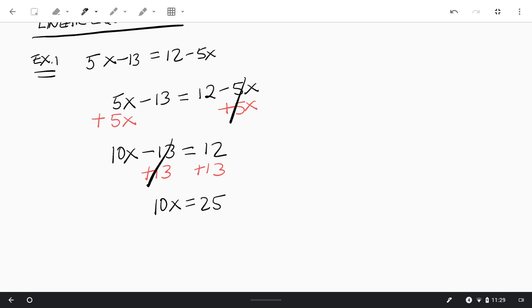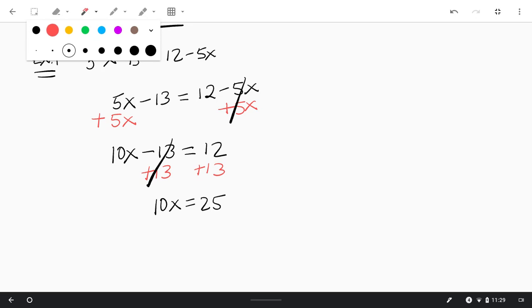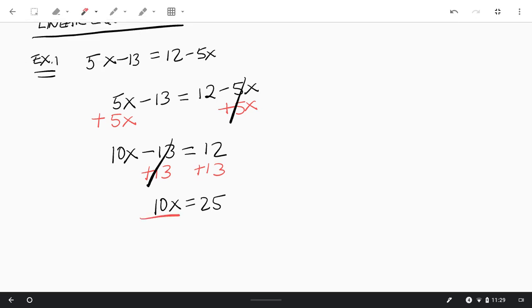Okay. And then I want to cancel out that multiplication by 10. So the opposite of multiply is divide. So I'm going to divide both sides by 10.